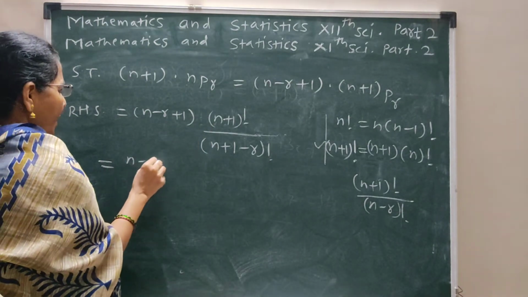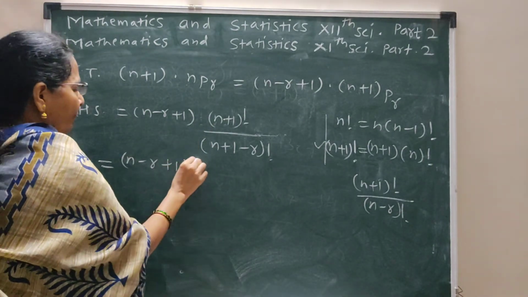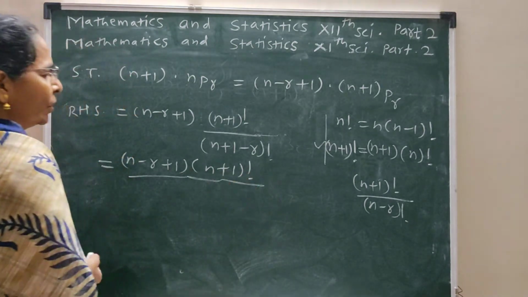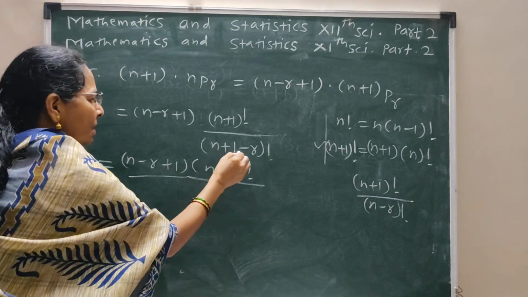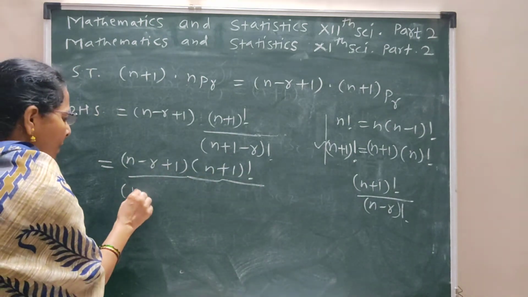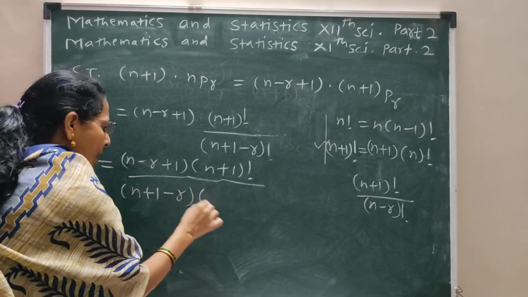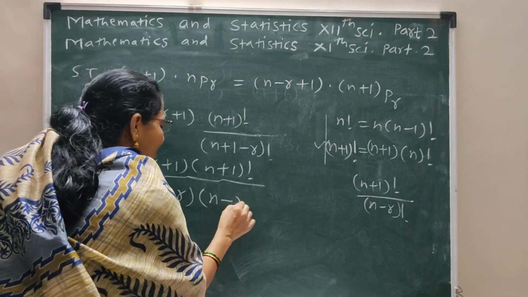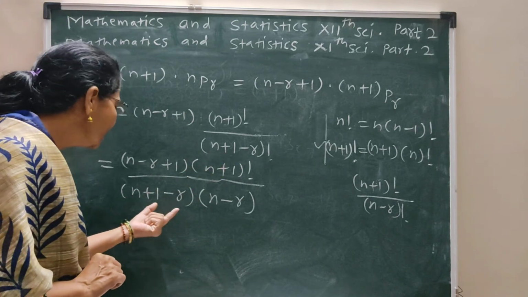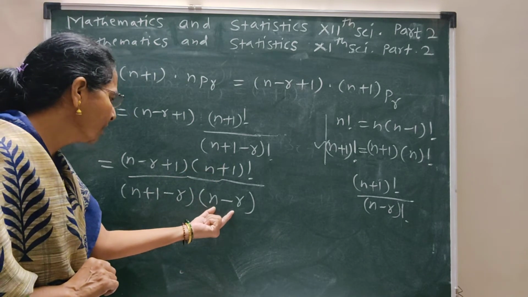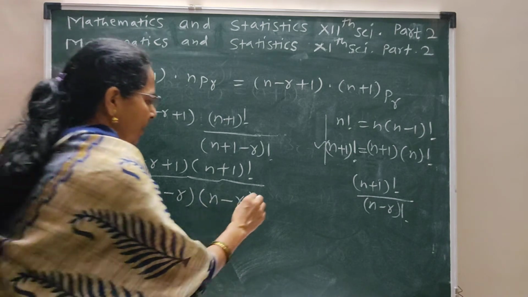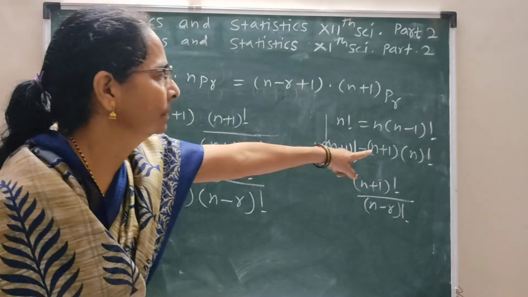Numerator n minus r plus 1, n plus 1 factorial, at the denominator n plus 1 bracket factorial is written in the form n plus 1 minus r. That means take minus 1 from this term, so n minus r only and factorial. This is the method.